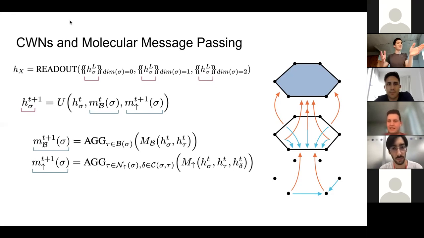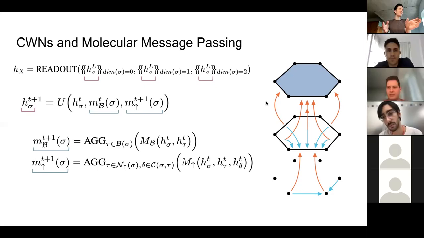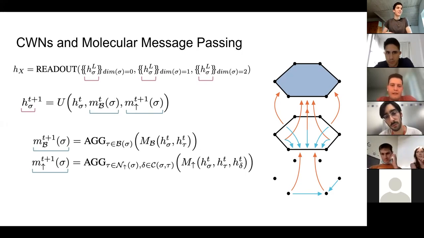Maybe for the pooling, we could do the readouts separately for faces, bonds, and atoms, or, like you mentioned, have a global virtual node, and maybe just have those between the faces. Yeah.